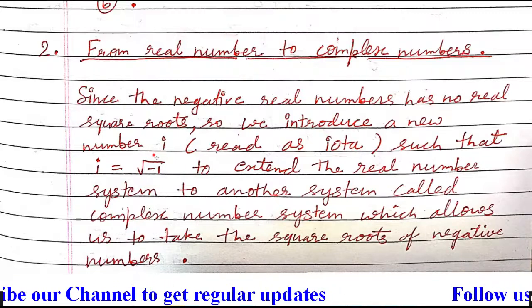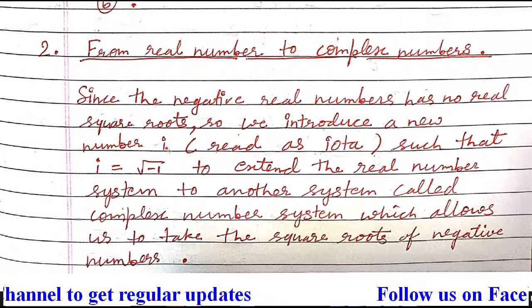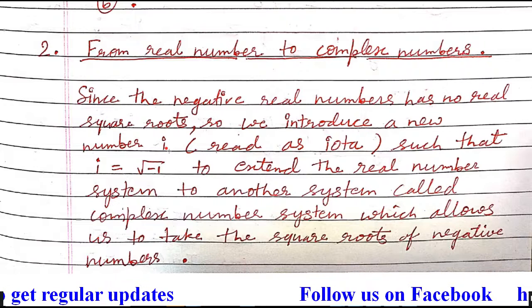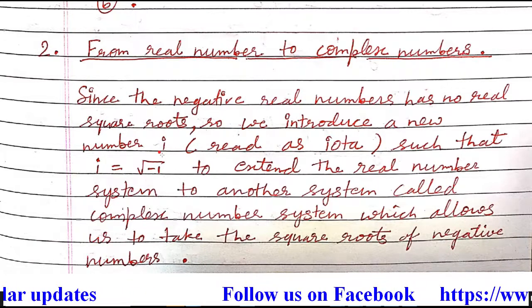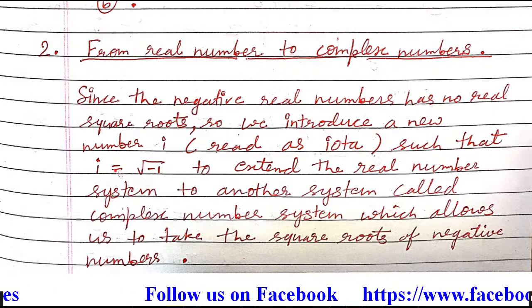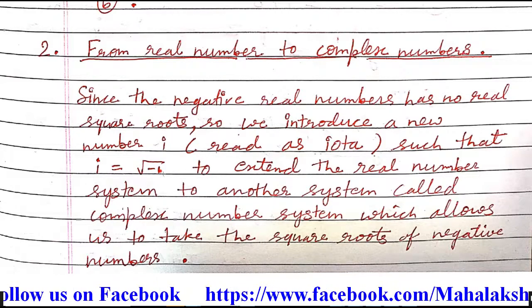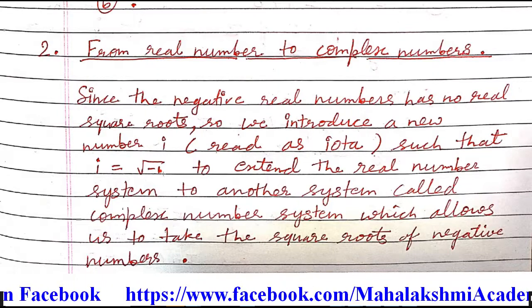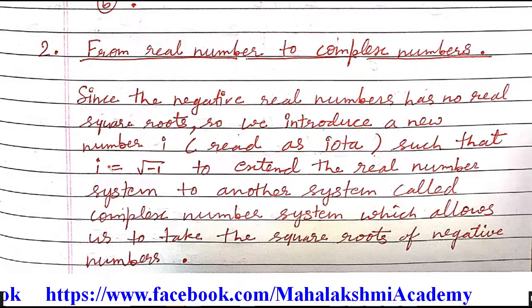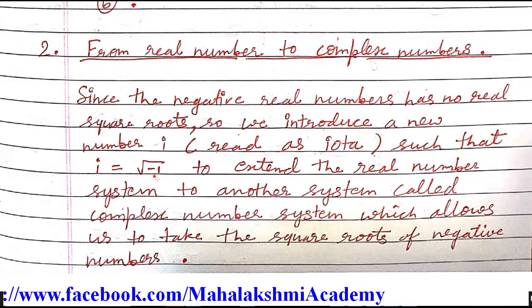Students, this is a new thing for you. In complex numbers, this i has a lot of importance, and iota's value is square root of minus 1, like pi. Pi's value you already know, that is 22 upon 7. In the same way, iota's value is always square root of minus 1.